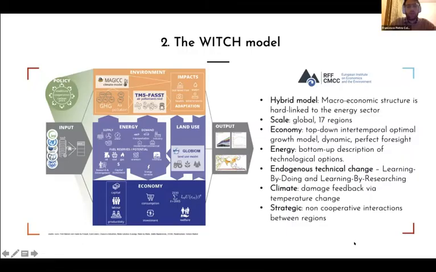So there is learning by doing and learning by researching. In the model runs that we tested, we are not including right now a damage feedback because we want just to look at the specific impact on the energy sector of the new feedback that we are including. And we have a non-strategic setting in our case, so we have non-cooperative interactions between regions.